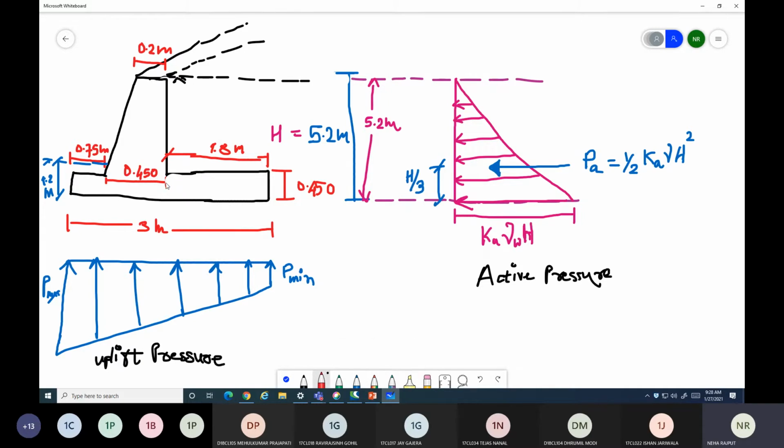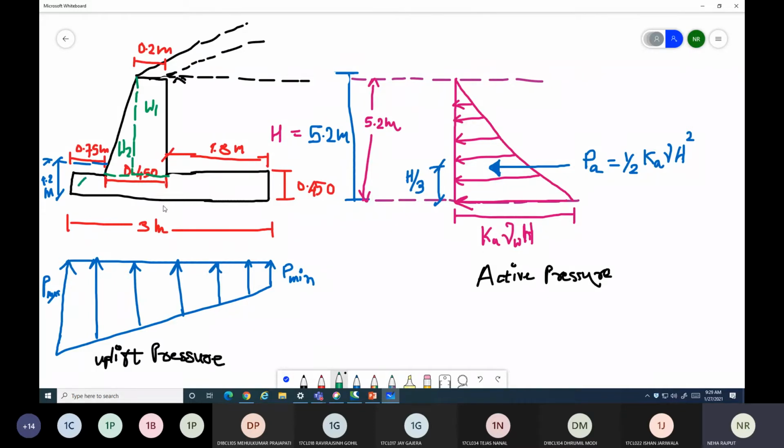Right, so this will be divided into one triangle and one rectangle. I am just dividing this trapezoidal into parts: here W1, weight 1, and here I am denoting W2.